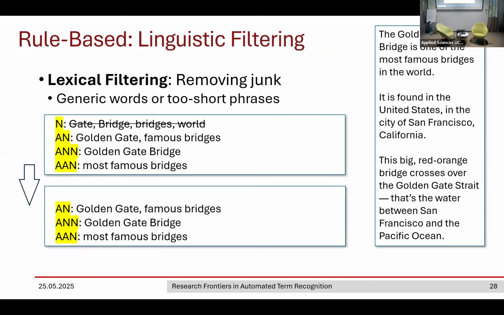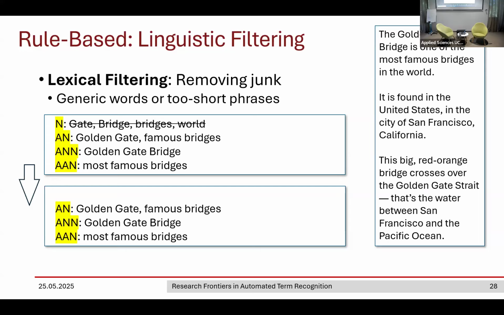And then we do filtering. It depends on heuristic rules, of course. Some people say that only the longer expressions like 2 grams, 3 grams, or 4 grams could be better candidates for domain-specific terms. So they filter out these short expressions like unigrams.